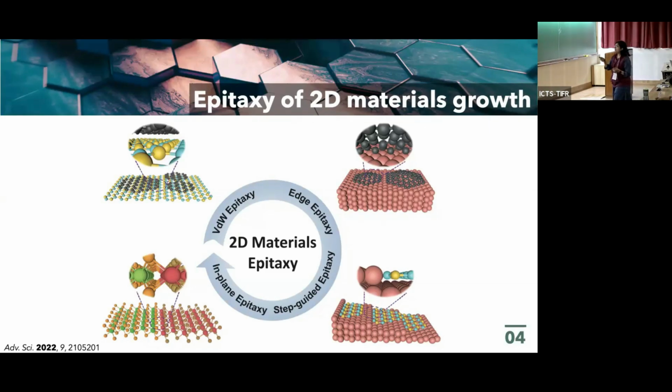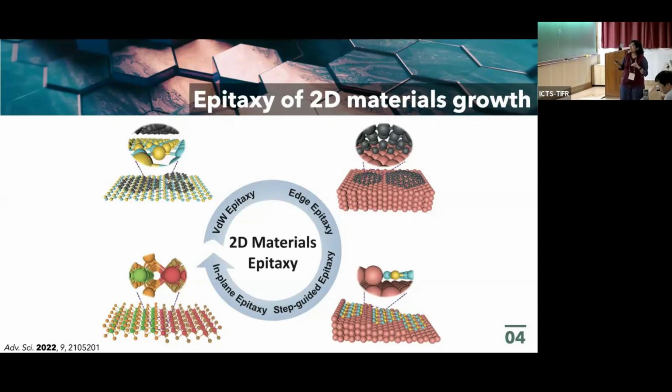But there are other interesting kinds of epitaxy as well which you find in 2D materials. For example, you have the edge epitaxy, and this is seen mainly in growth of graphene or hBN on substrates like metal. What happens is the edges of the 2D materials are highly reactive, and they can form a very strong bond with the metal atoms of the substrate.